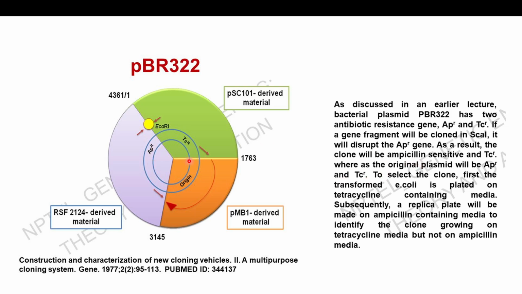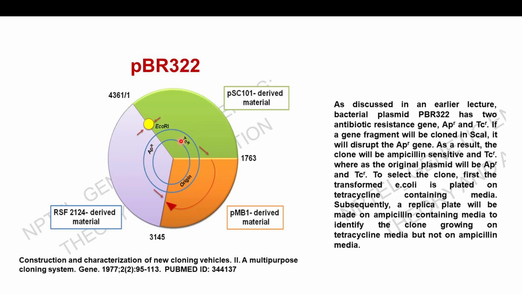But if a gene is inserted in this region, it will disrupt the functionality of the ampicillin resistant gene. The tetracycline resistant gene is completely functional, since we haven't targeted it. We just disrupted the ampicillin resistant gene.